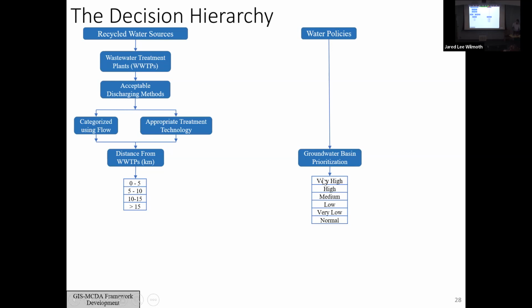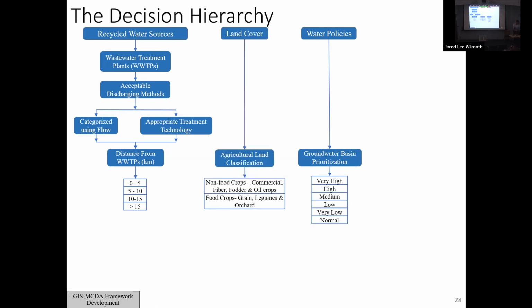Compared to California, where we were able to obtain it from the California Water Resources Department, here we developed that. We looked at wastewater treatment facilities in Maryland, looking at the amount of discharge, the technology being used, and the distance from the agricultural sector or farms that need water.